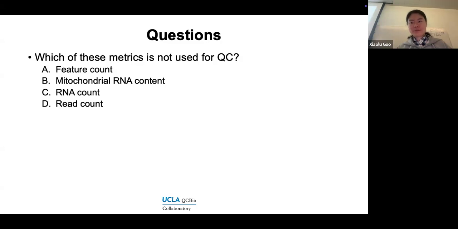Any thoughts? So think, why do we need UMI? UMI is a sequence, right? It's a 10-digit sequence that helps us identify the original mRNA. So why do we need that?